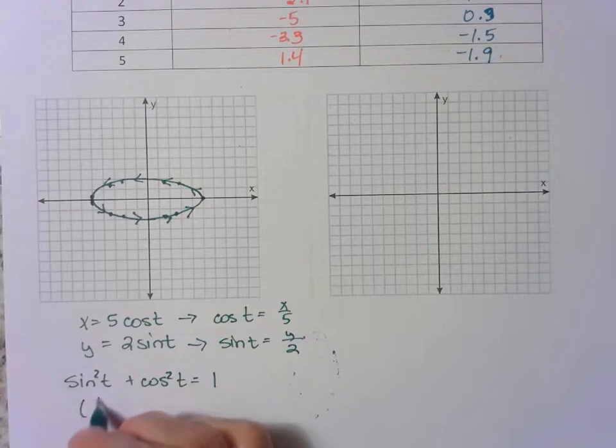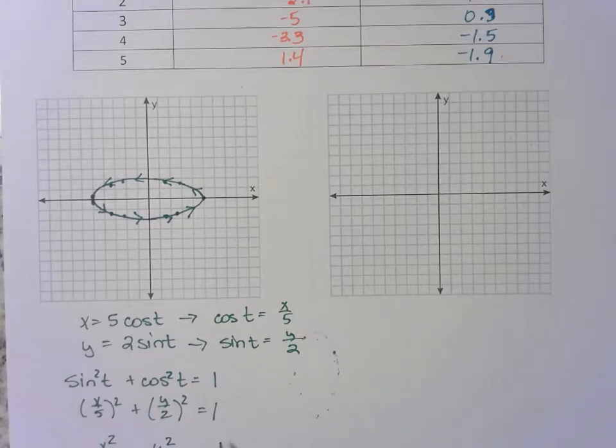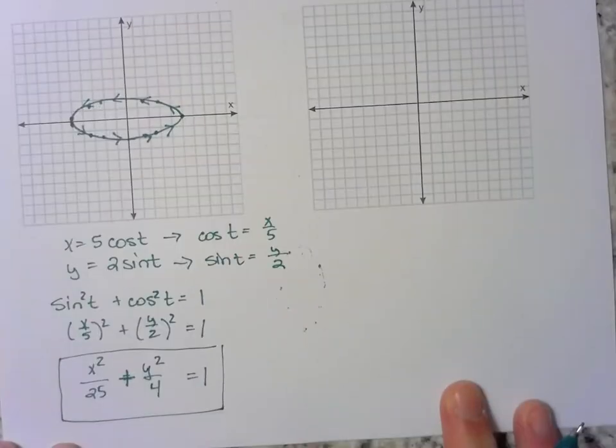So that means (x over 5) squared plus (y over 2) squared is 1. Square all of this, we end up with x squared over 25 plus y squared over 4 is equal to 1. This is going to be your rectangular form of that equation.